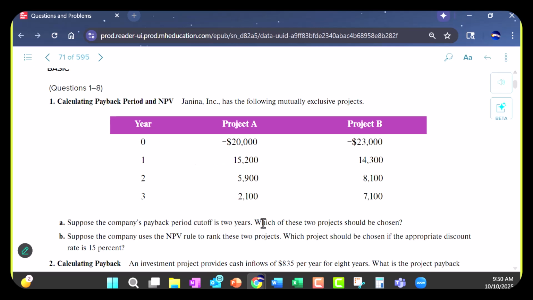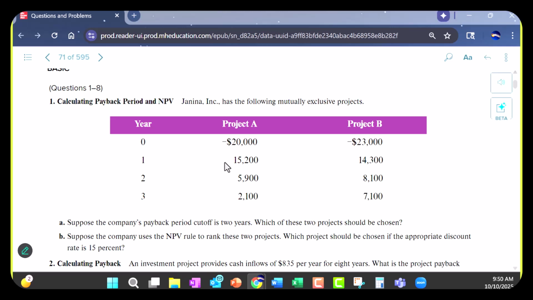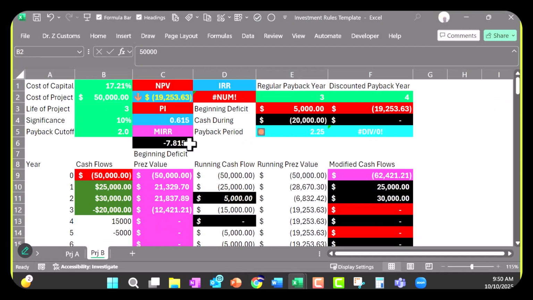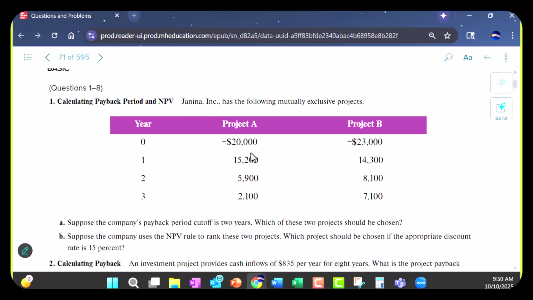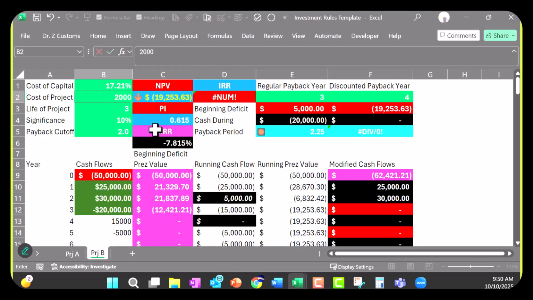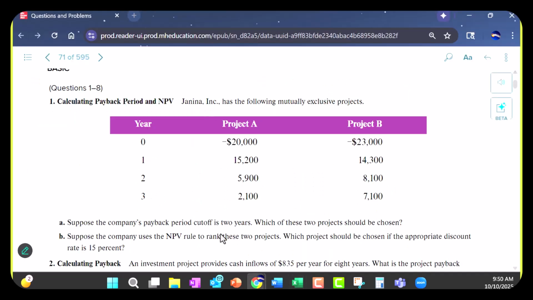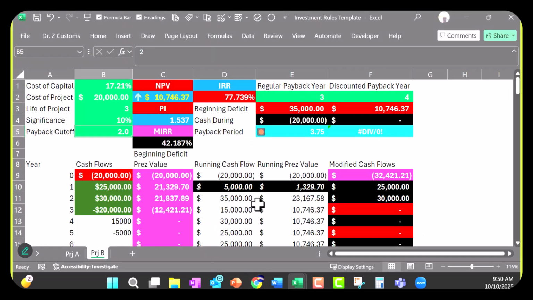The inputs are 3 years, life of the project. Cost of the project is year zero cost, 20,000. Payback cutoff is 2 years. As you can see, it completely ignores these. And this tells me on what year.